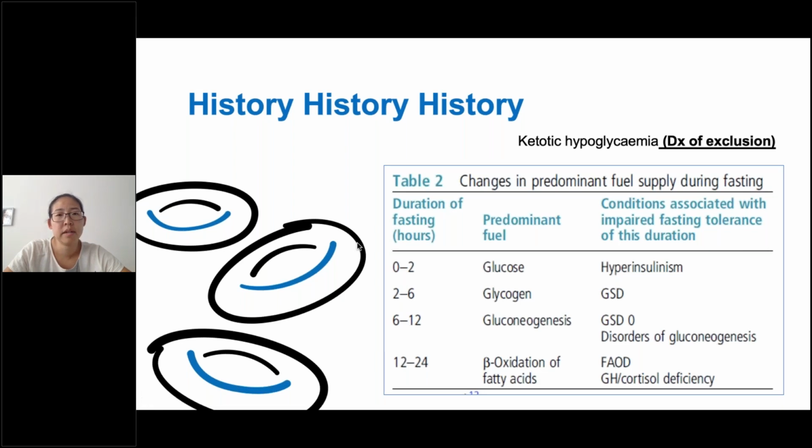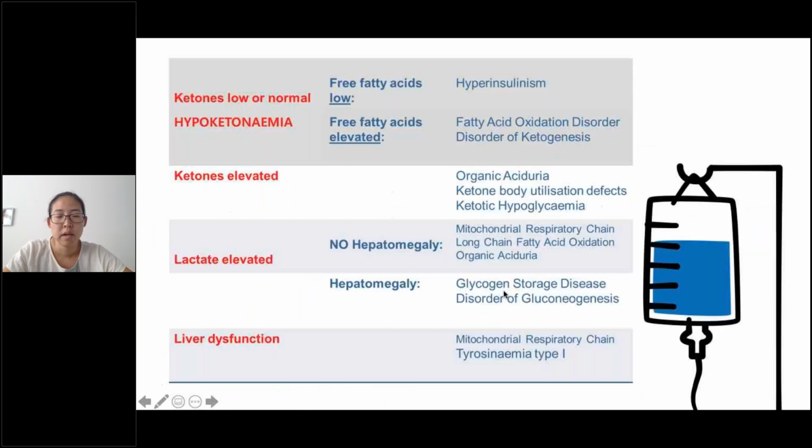So, in a child who only gets hypoglycemic maybe 16, 18 hours on, I would be thinking more of a fatty acid oxidation defect rather than hyperinsulinism, because it takes time for you to mobilize your fatty acids. So, that's why you see the hypoglycemia in fatty acid oxidation defects late. And we will talk about that again shortly. So this is just a table that you can see.